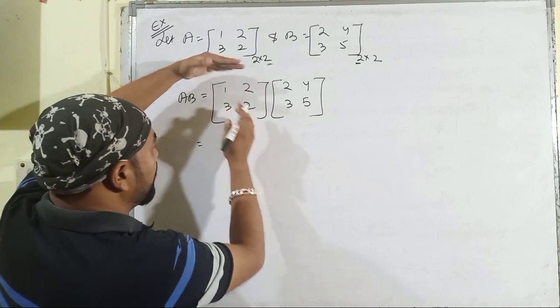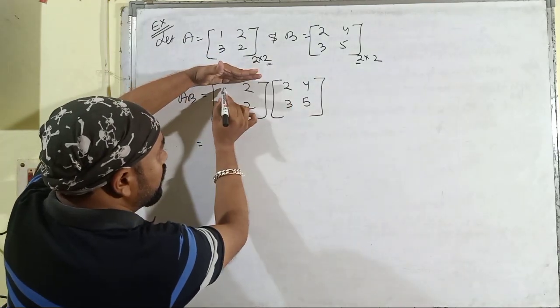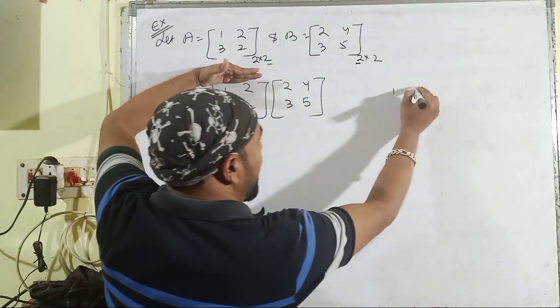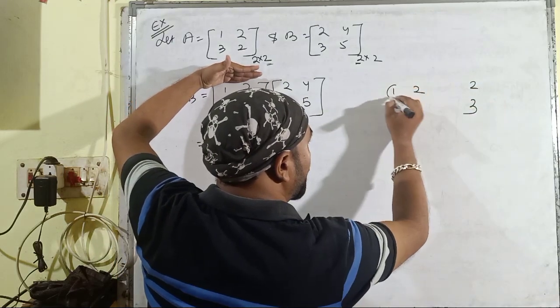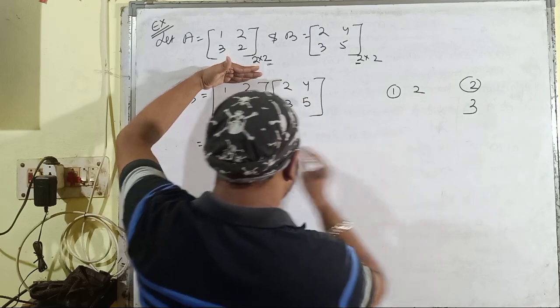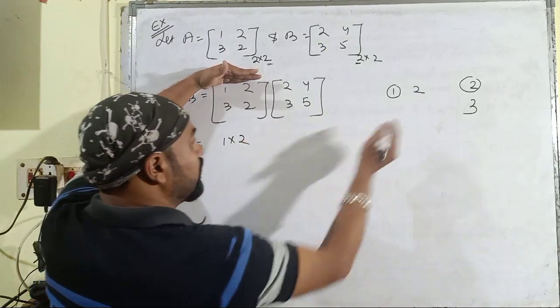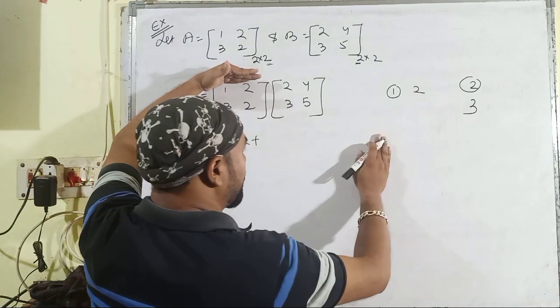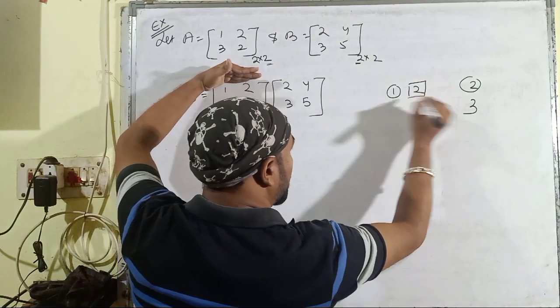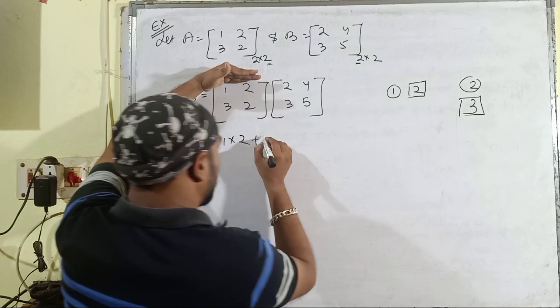So first we multiply 1 with 2, then we add the second multiplication: 2 multiplied with 3.